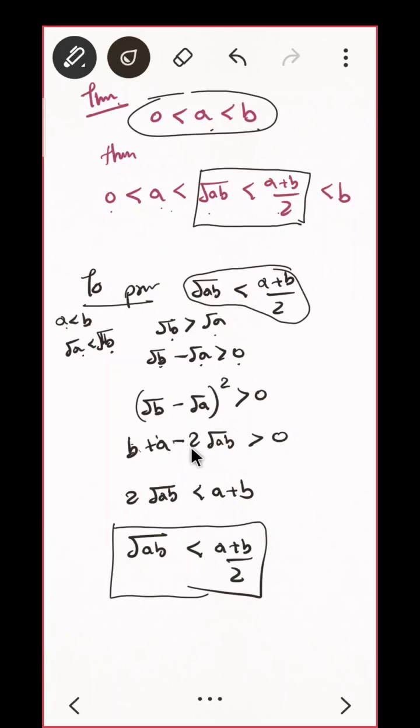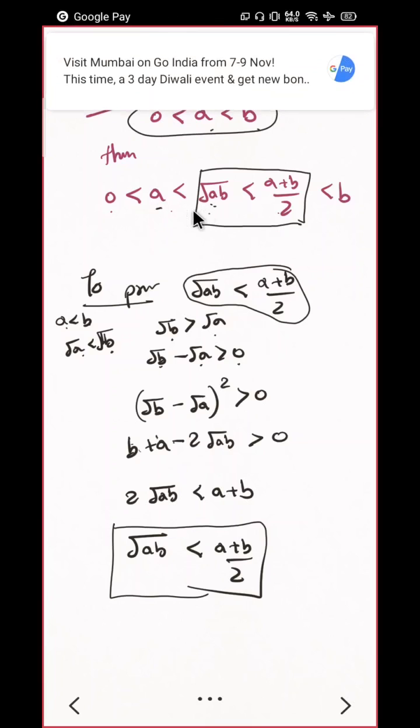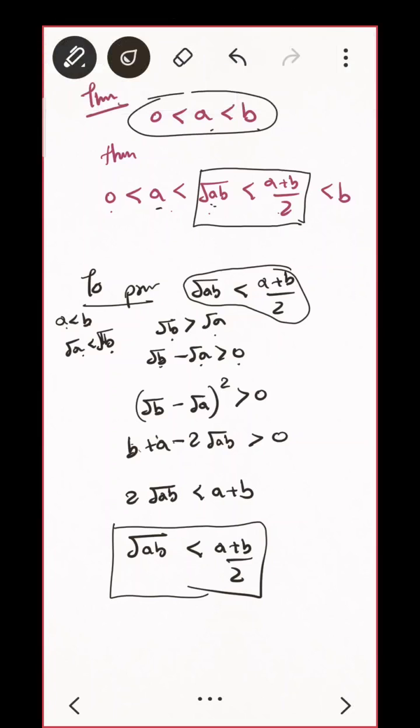Yes. Now what next? Now we have proved this. Now you have to do a is less than root ab. Can you do that? A is less than root ab. What should I start with first? Tell me. We are just given a is less than b.